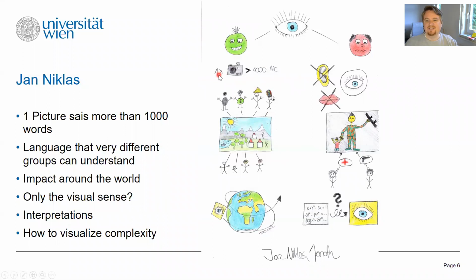Here you said one picture can say more than 1,000 words. Another advantage is that we can do visualizations together, and people from very different backgrounds can work on one visualization, on one vision, on one idea that they want to develop together.